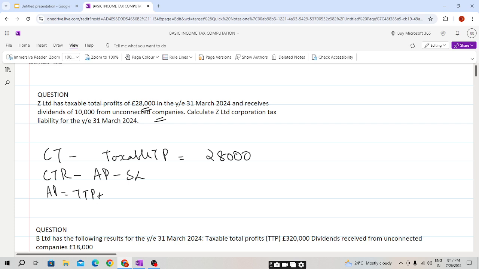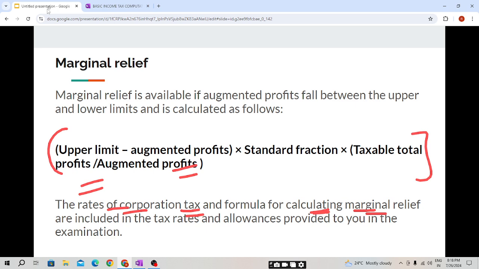Associated means connected companies. In TTP we have unconnected companies' dividend, so it is 10,000. So our augmented profits will be 28,000 plus 10,000, that is 38,000.